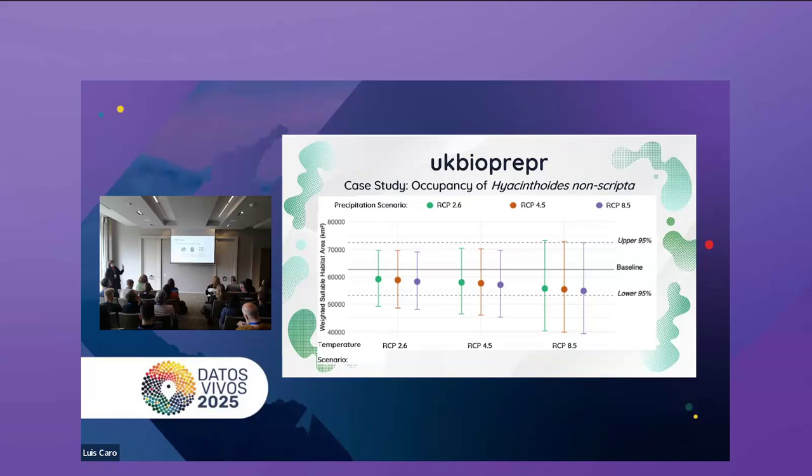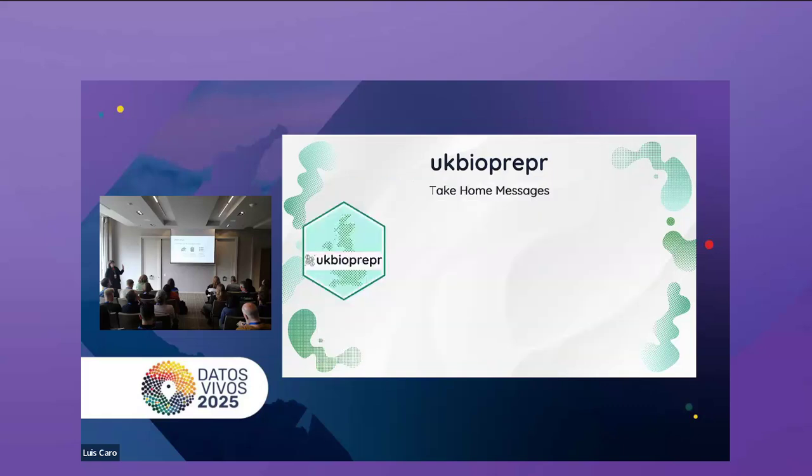And then this is the weighted suitable habitat areas under the different climatic scenarios. Under the most pessimistic, there was a decrease of almost 12.5% away from that estimated baseline.